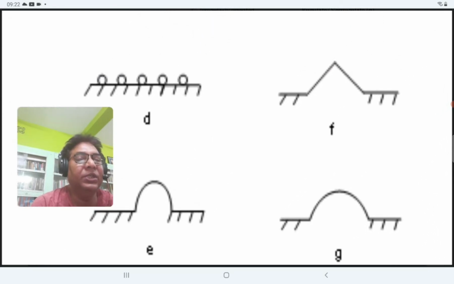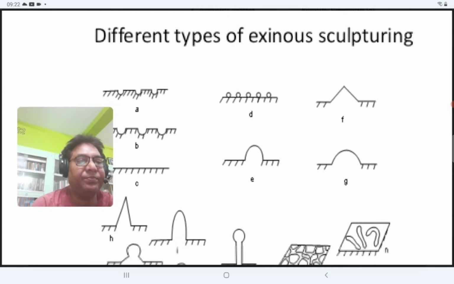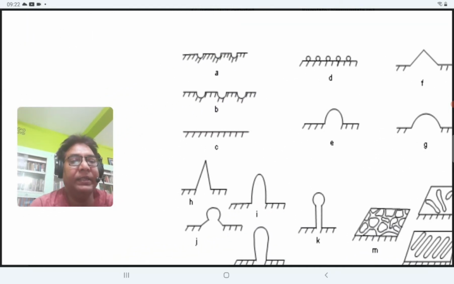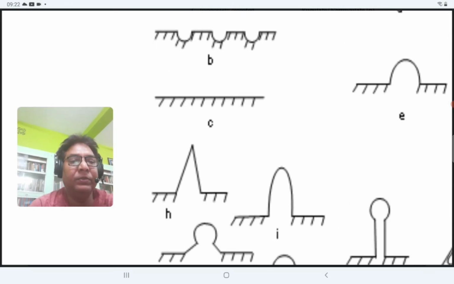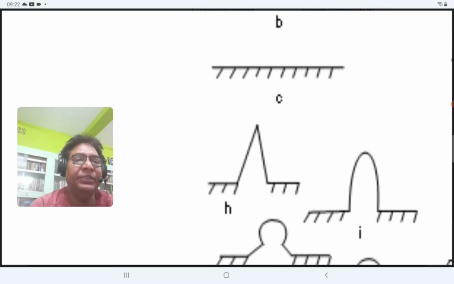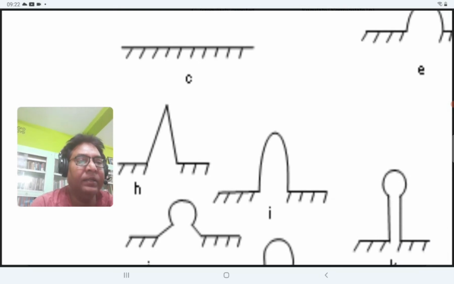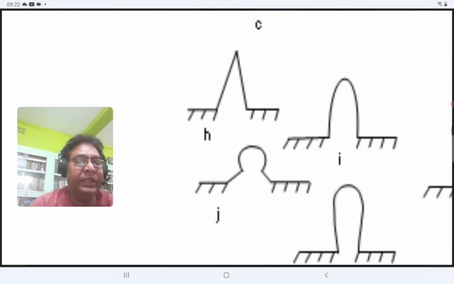F is conus, height lesser than width, but pointed apex. Height greater than width, but with pointed apex: this one H can be called spinae, and this one is baculi, I. J is gemmae.